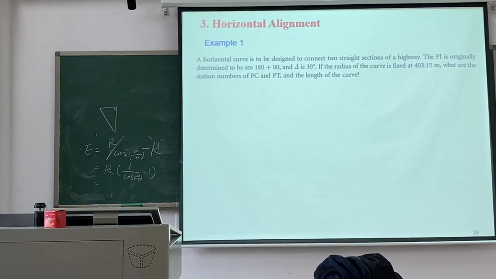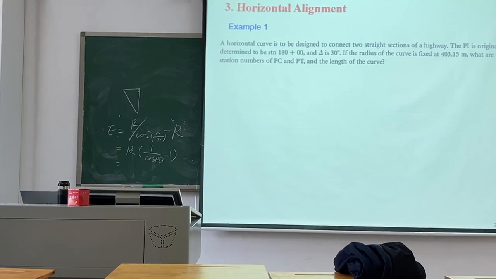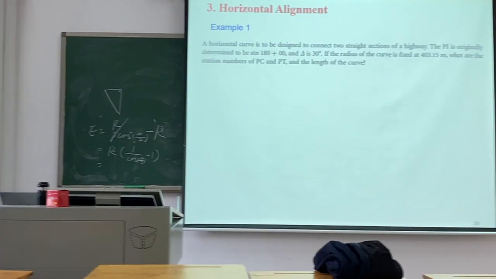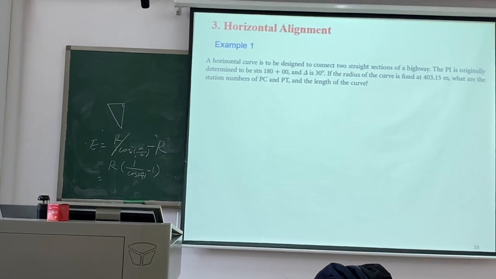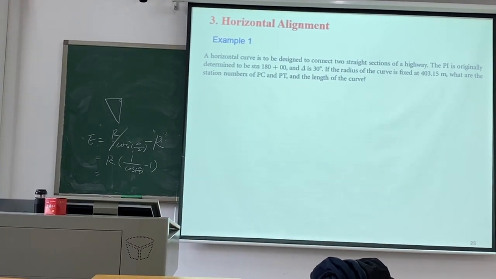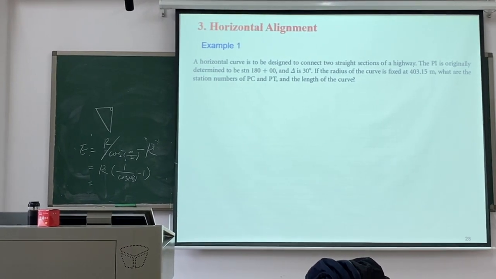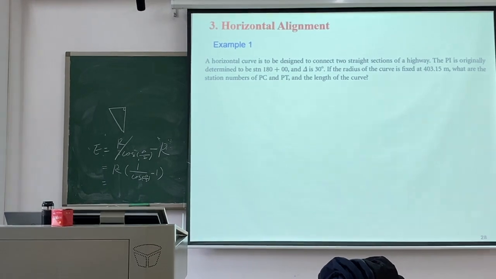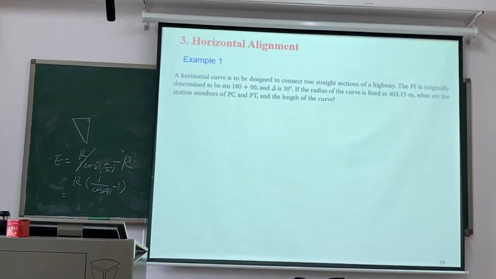T is the tangent distance. The radius is fixed at 403 meters. That is what the tangent is doing. We have 10 minutes of rest; use this time to calculate.